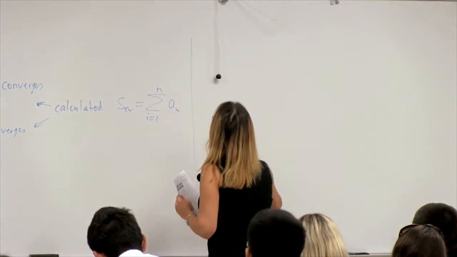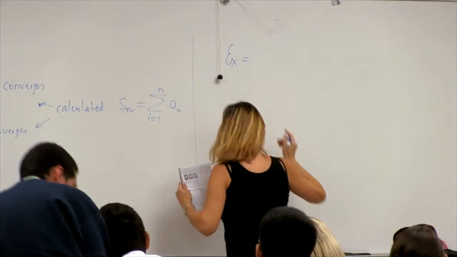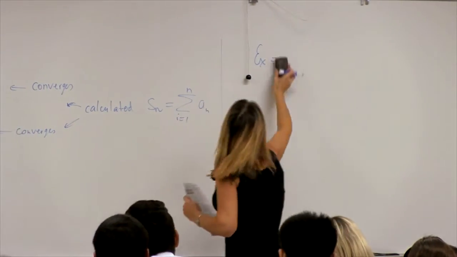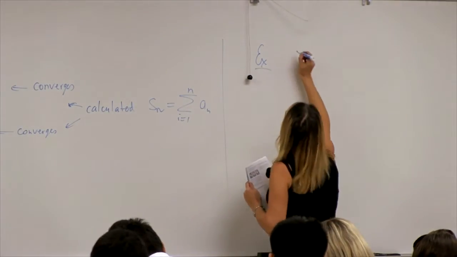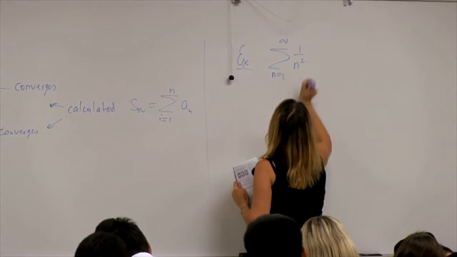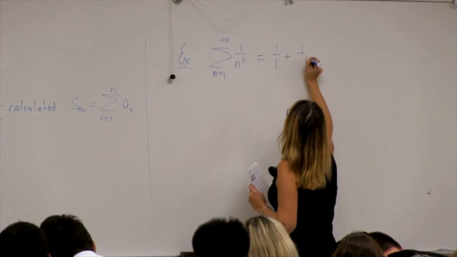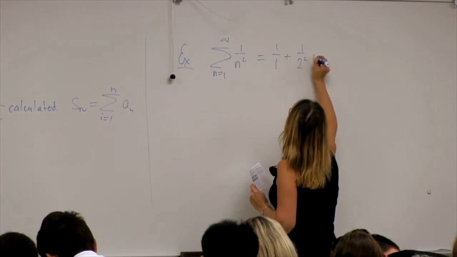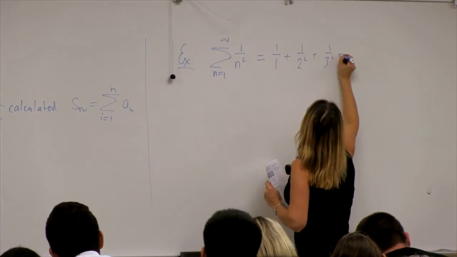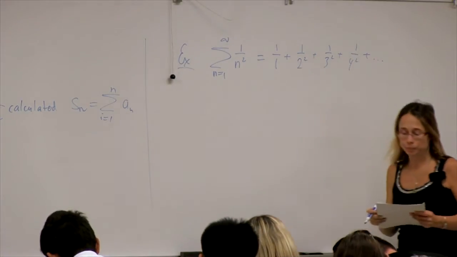So one example, which looks very simple, looks like this. The sum of 1 over n squared. It's 1 over 1 plus 1 over 2 squared plus 1 over 3 squared, and so on. Okay.